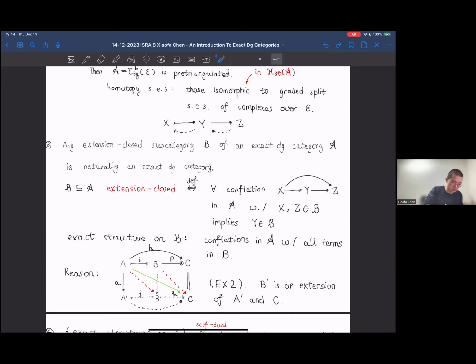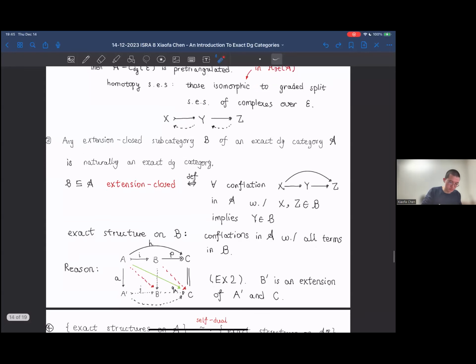Then the exact structure on this full subcategory will be given by the conflations in A where all three terms are in B. And the reason that this forms an exact structure on B is as follows.